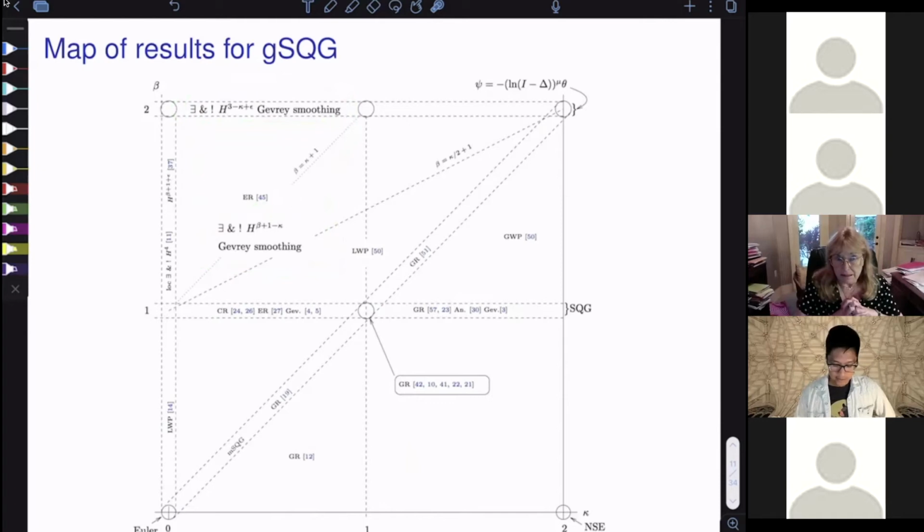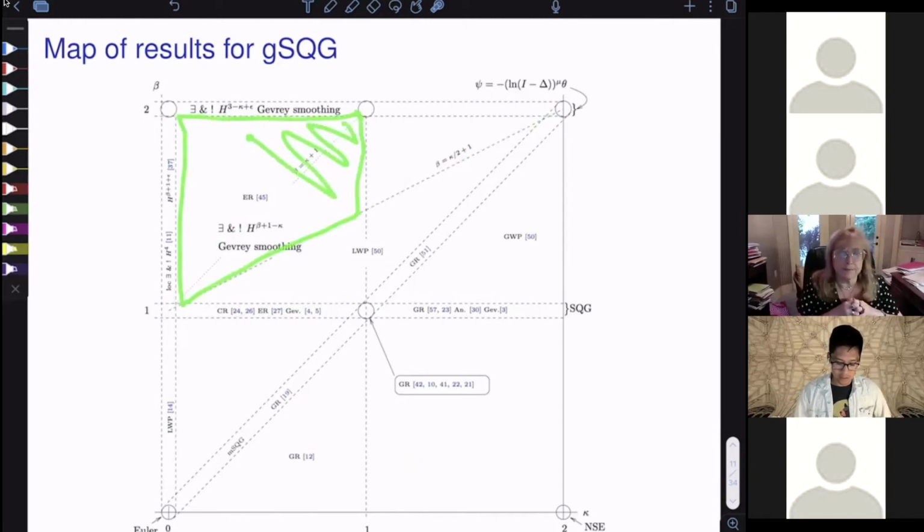I want to remark that before this work, there was only one work which treated the well-posedness in this region. It was a work by Xu and others, and they were able to demonstrate local well-posedness. And so this regime seemed largely untouched.